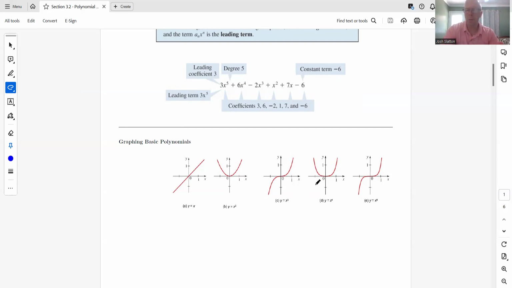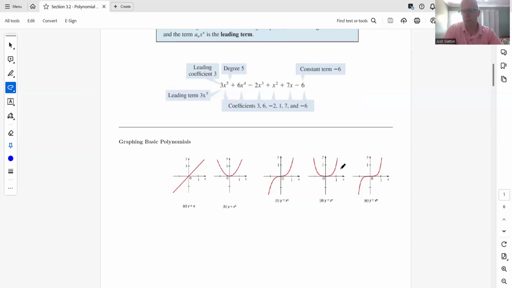If you start adding terms, it doesn't really do anything to the quadratic. The quadratic will always have that shape. If you start adding terms to this one, you might have some turns. We'll talk more about that later. Then the odd degree polynomials, they both have the same basic shape.